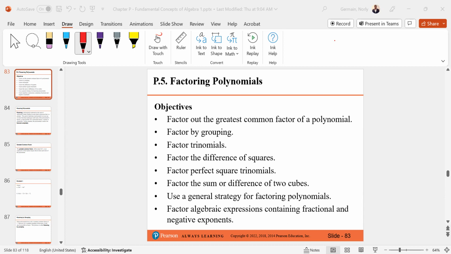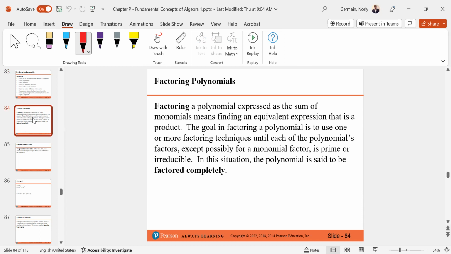We'll factor trinomials, factor the difference of squares, perfect square trinomials, and factor the sum or difference of two cubes, and also use a general strategy for factoring polynomials. We can also factor algebraic expressions containing fractional and negative exponents. Without further ado, let's see what it is exactly.